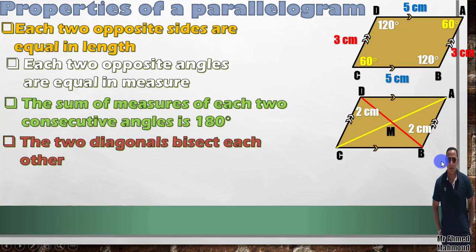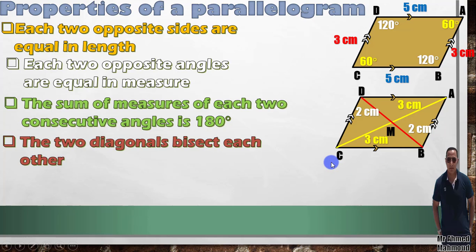And if AM equals 3 centimeters, then CM equals 3 centimeters, because M is the midpoint of AC. So bisect each other means intersect at the midpoint. This property is in the parallelogram, but it is not in the trapezium. In the trapezium, the diagonals don't bisect each other.